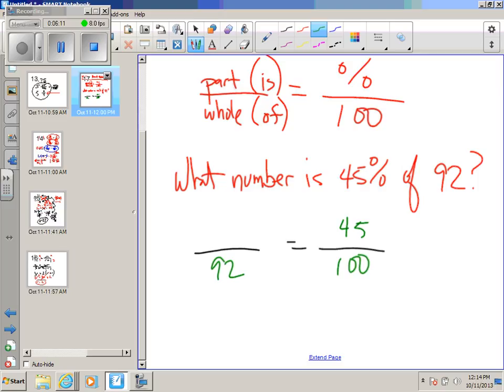I can simplify, and I can make it 9 over 20. Now is there a relationship between 20 and 92? Then what? My third and final option. Cross multiply and divide. So 92 times 9.